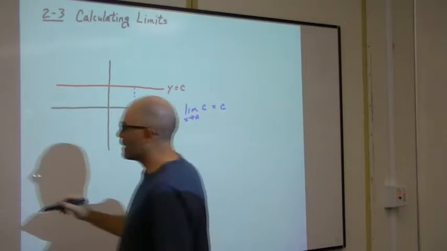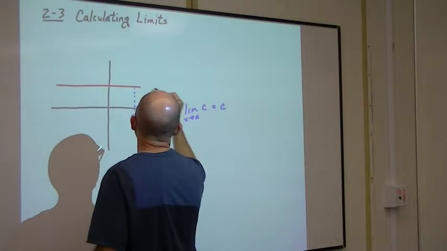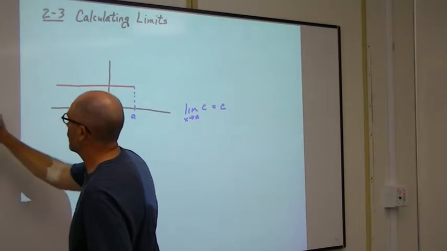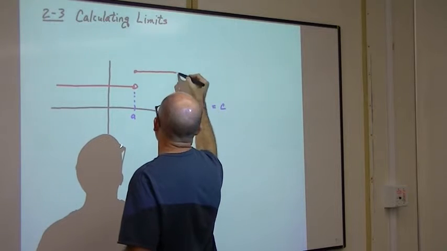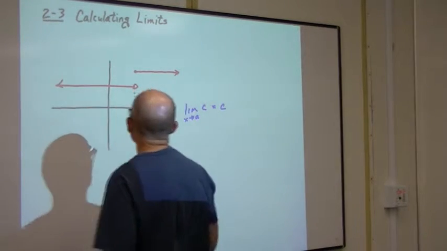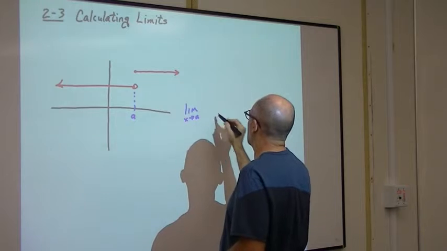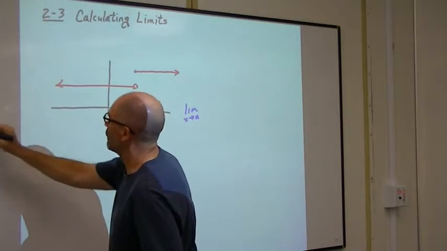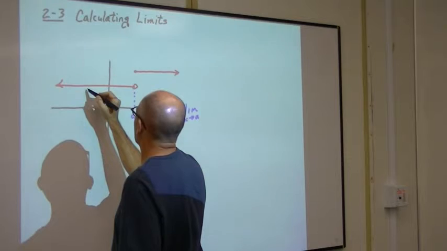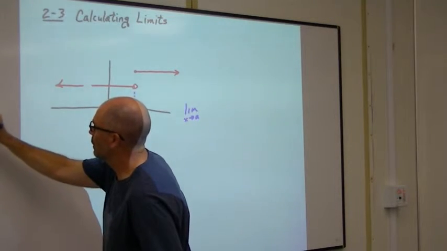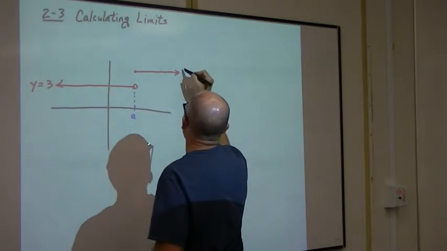But if I'm approaching from the left side, let's just say I've got a piecewise function here. And I've got this situation. Now, what's the limit as x approaches a? This is y equals 3, and this is y equals 5.